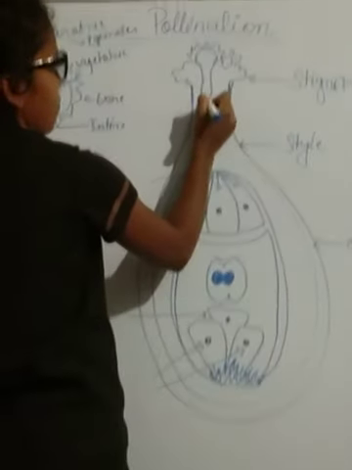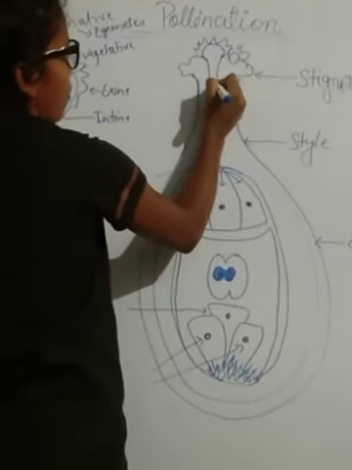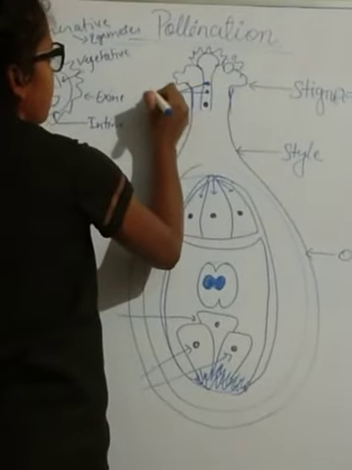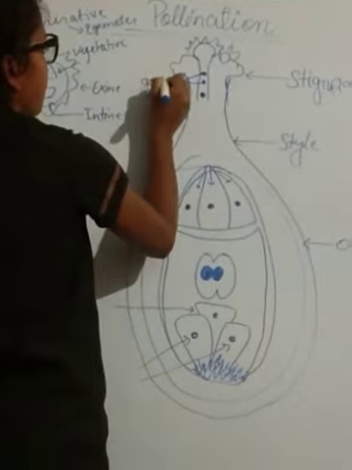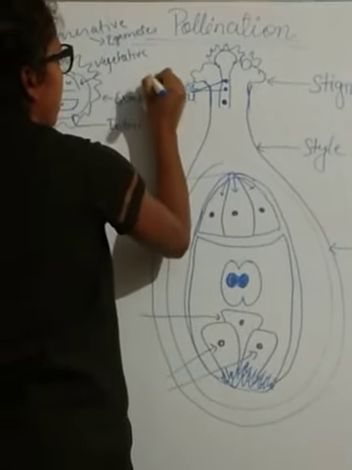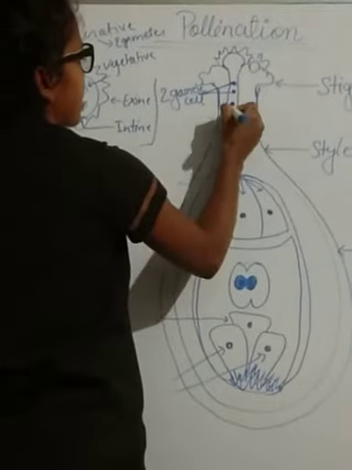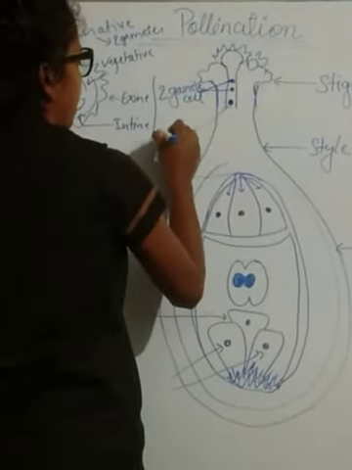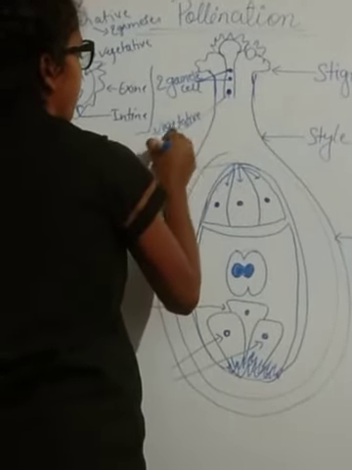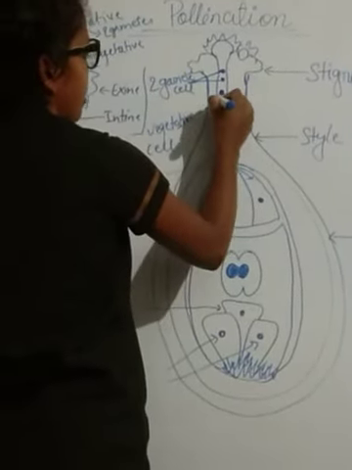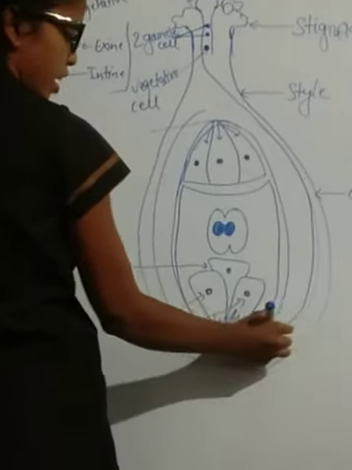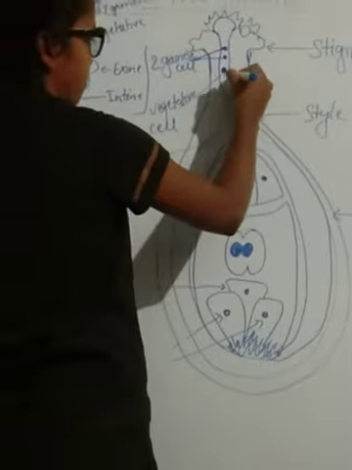So we can see here the vegetative cell and, followed by it, the two gamete cells. Two gamete cells are here and this is the vegetative cell. Finally, this will reach in this direction and arrive here.